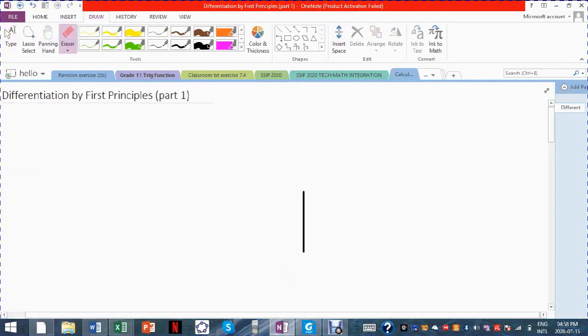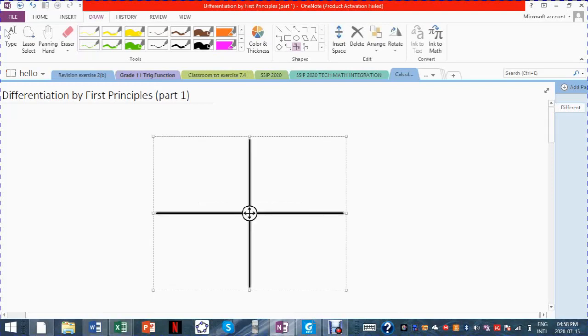Let's quickly recap on straight line. Here we have a coordinate system, so we can quickly just draw a straight line using a ruler.